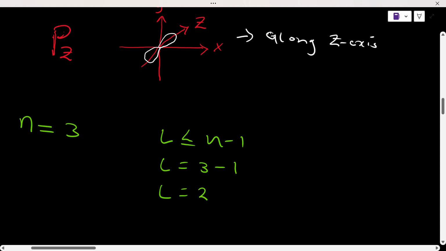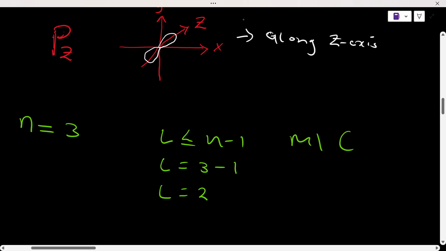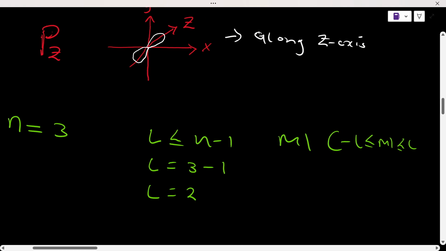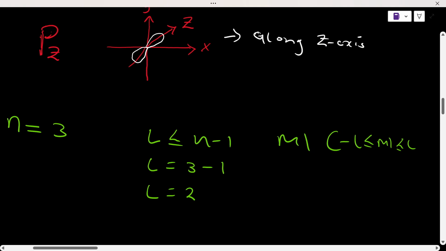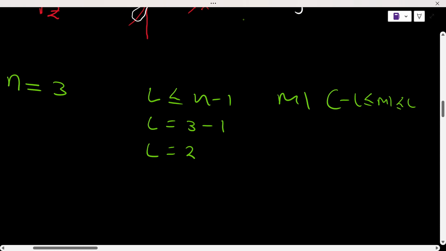So the magnetic quantum number, ML, is supposed to be giving me an orientation from minus L to L. So based on this data, I know very well that I'm going to have an orientation in which now I'll be dealing with the d orbital.